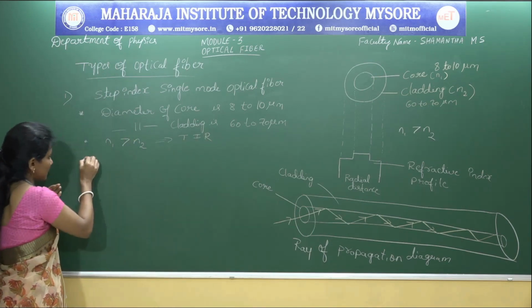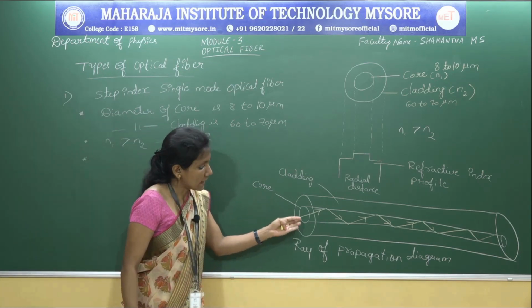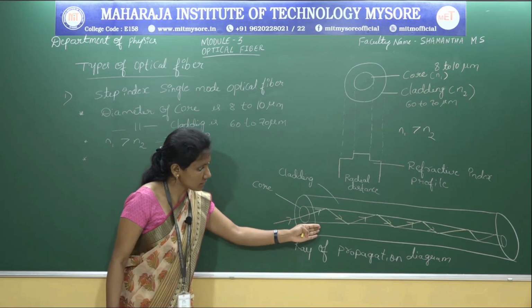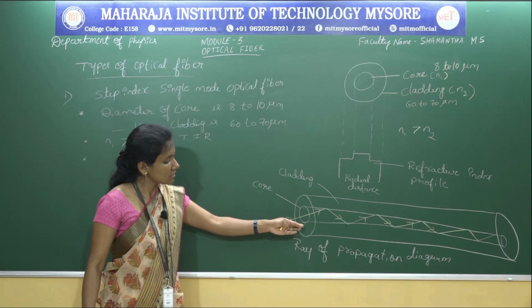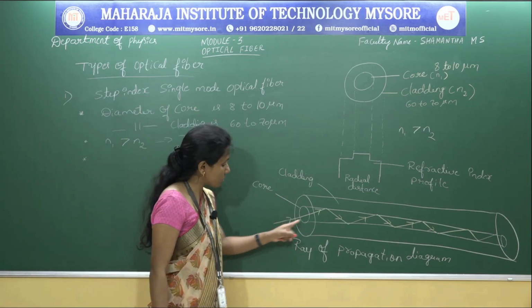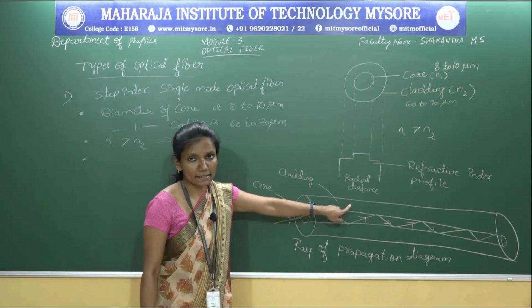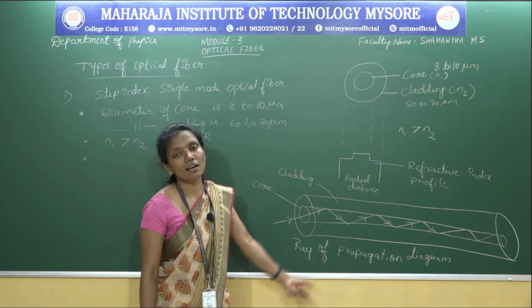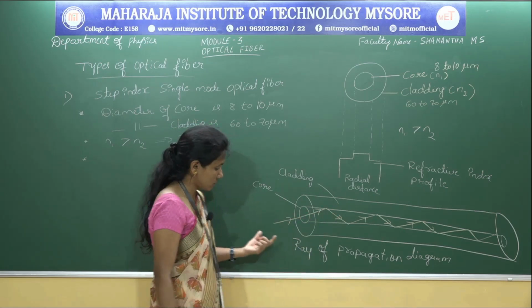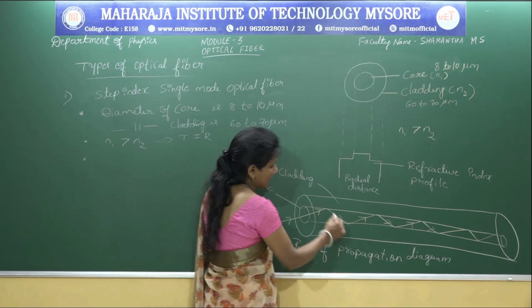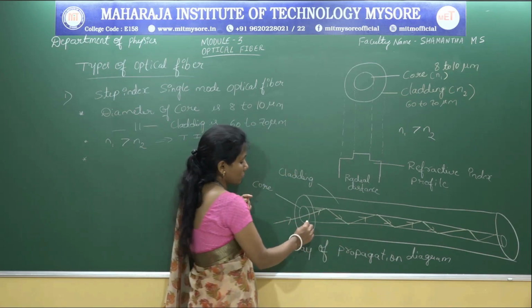But as soon as the light signals pass inside the optical fiber, as the light rays are propagating, at the interface of the core and cladding there is a sudden change in the refractive index.